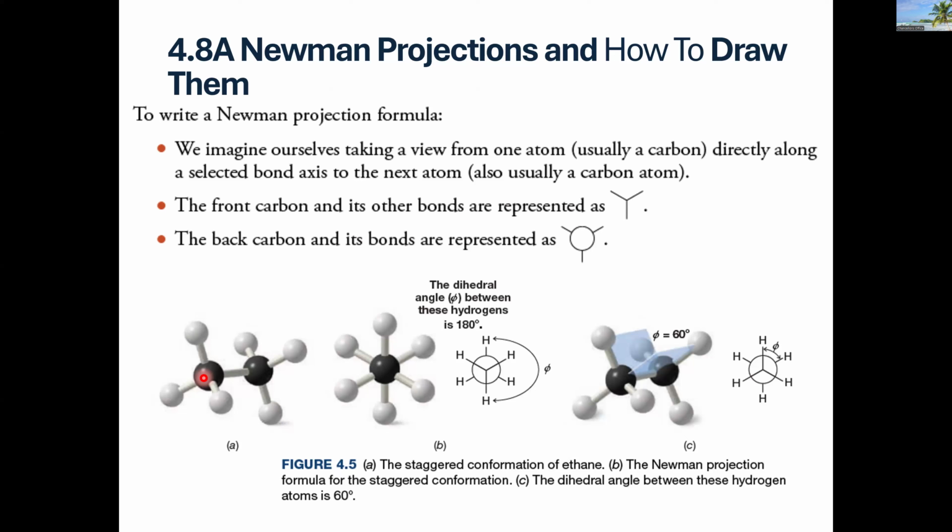And because of that rotation, there is what we call conformation. So here is a form of conformation where the dihedral angle between this hydrogen atom and this one is 180, and between these two hydrogen atoms, the dihedral is 60. If you rotate that, it will result in a different conformation.